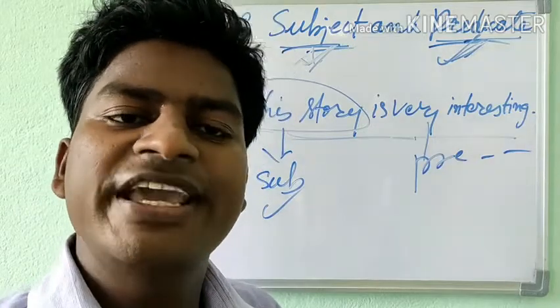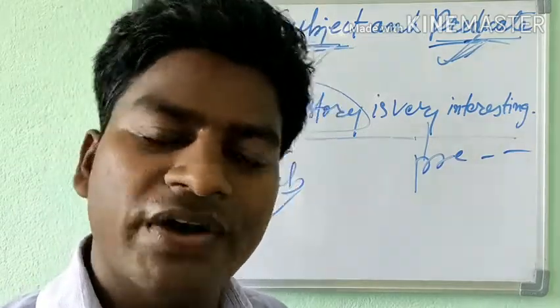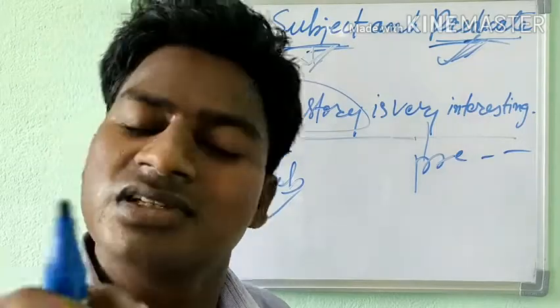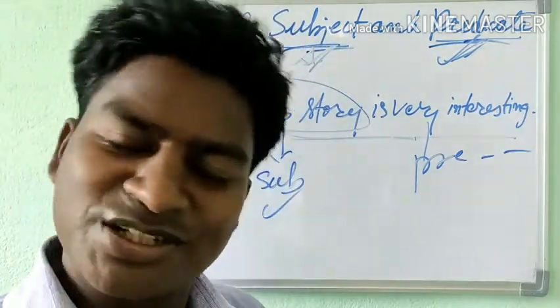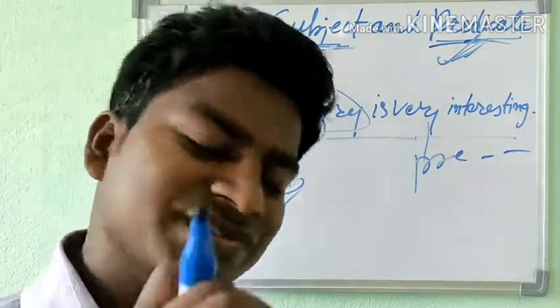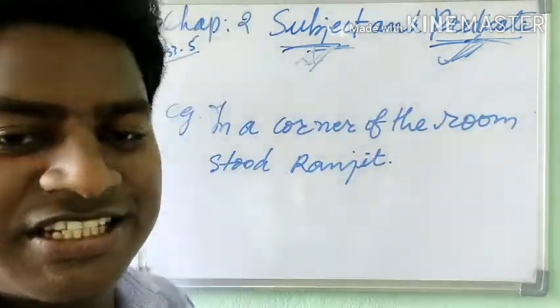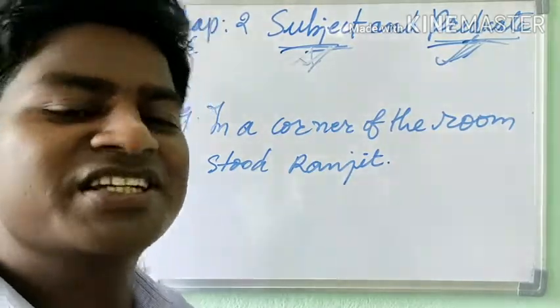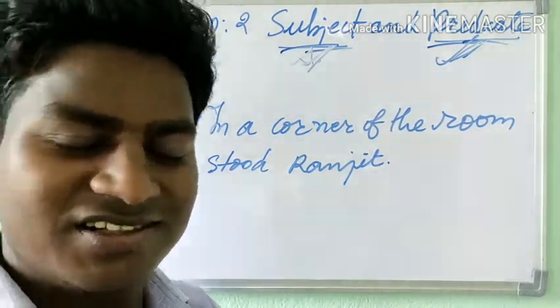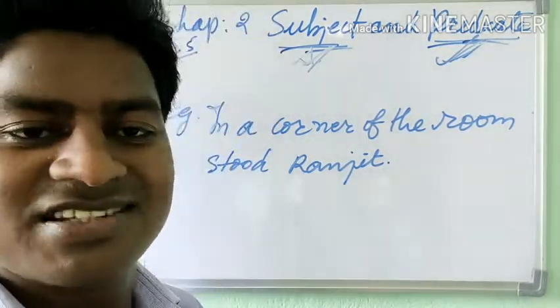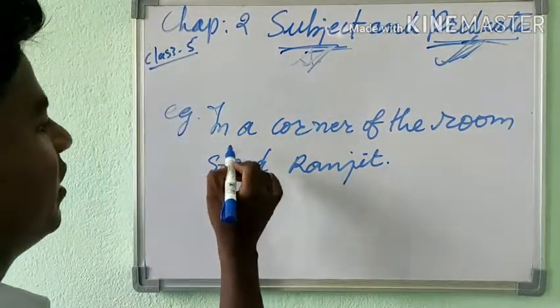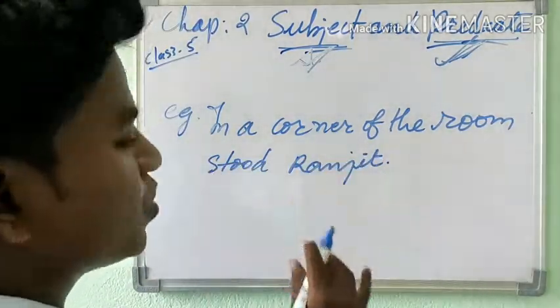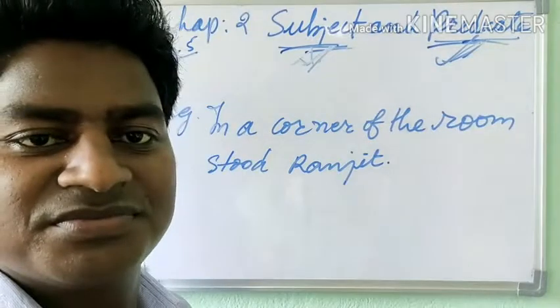Sometimes we have the subject at the end of a sentence also. Here we have an example of that kind, where the subject is found at the last of a sentence. Here, in a corner of the room stood Ranjit.